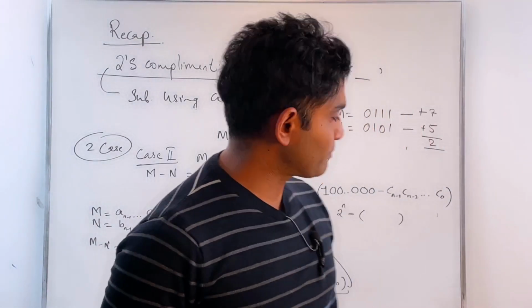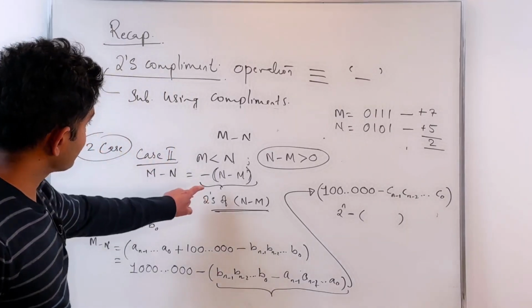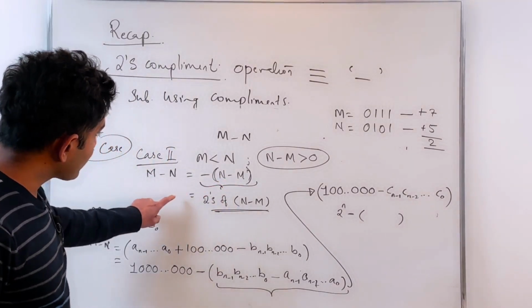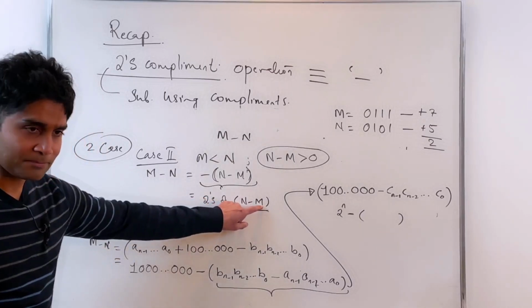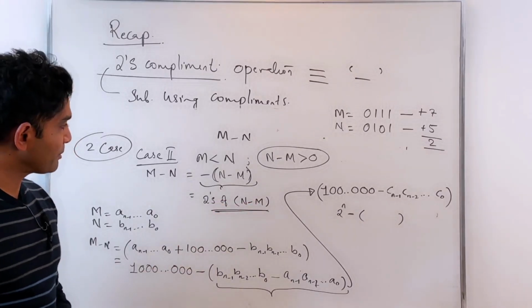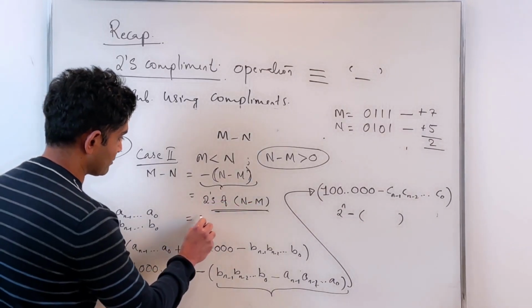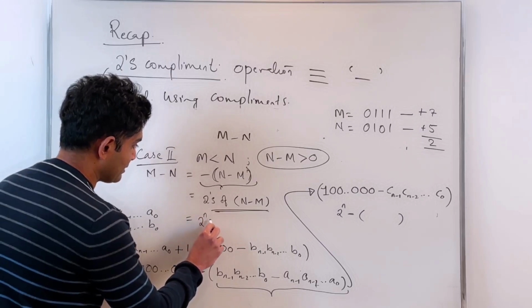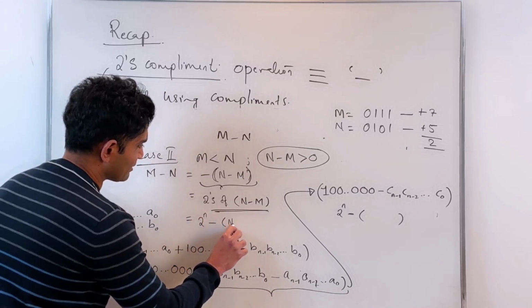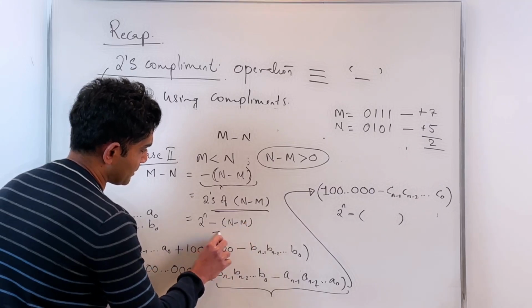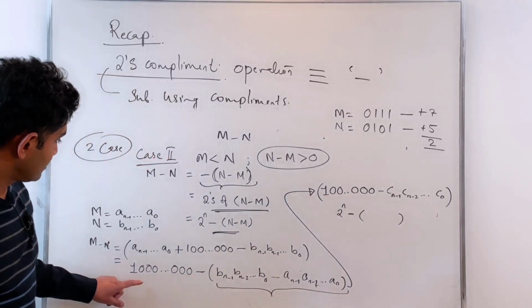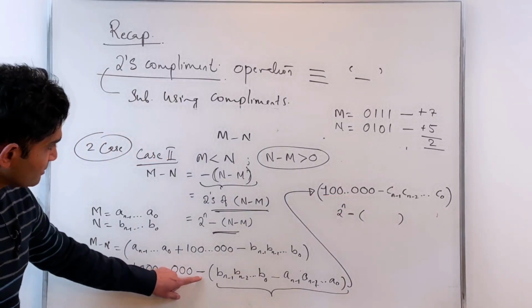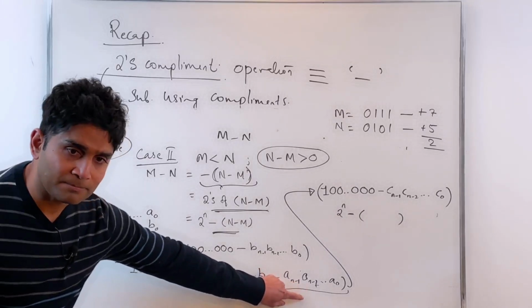When I'm doing this computation, I'm expected to get minus of (n minus m), or I'm expected to get the 2's complement of n minus m. What is the 2's complement of n minus m? That will be 2 to the n minus (n minus m). Am I getting that? That's 2 to the n minus (n minus m).